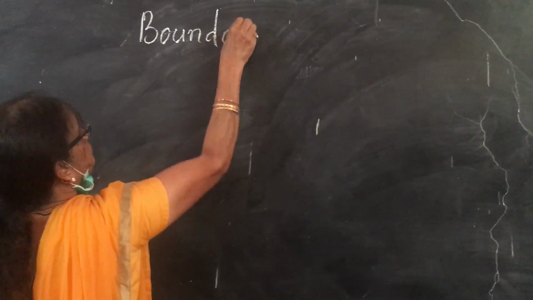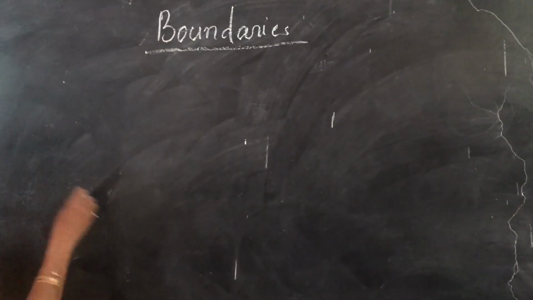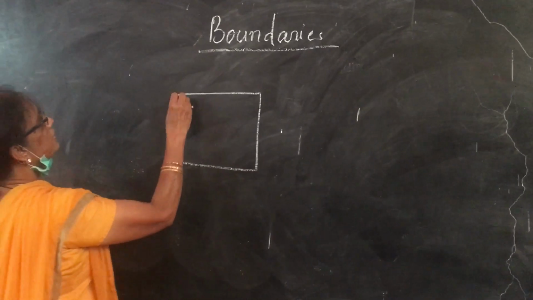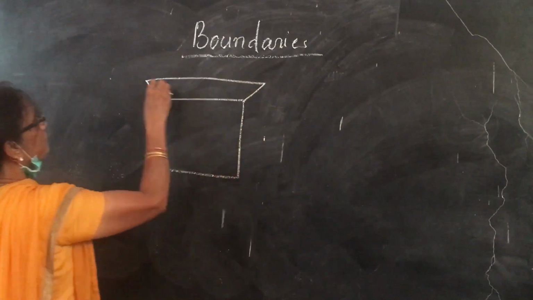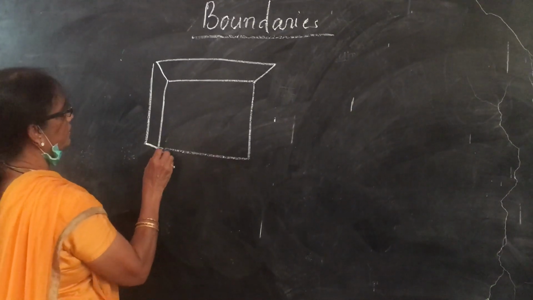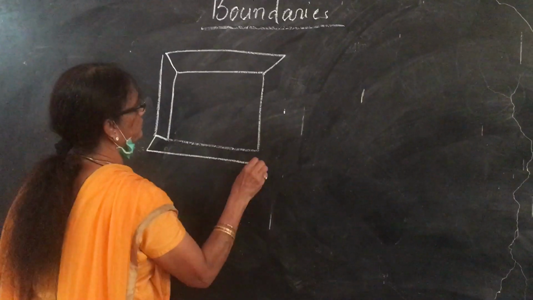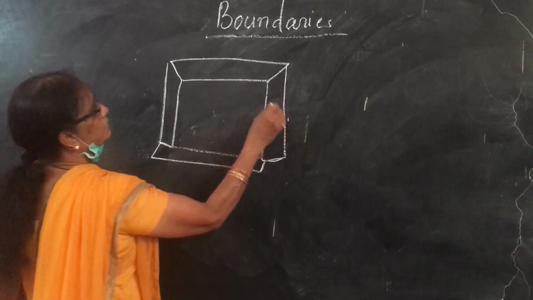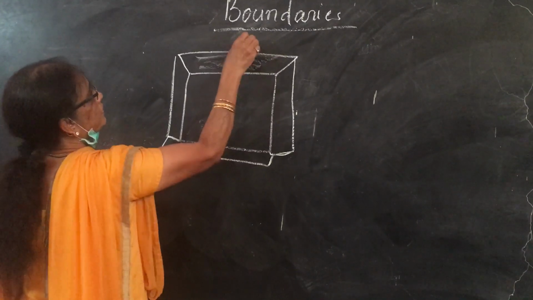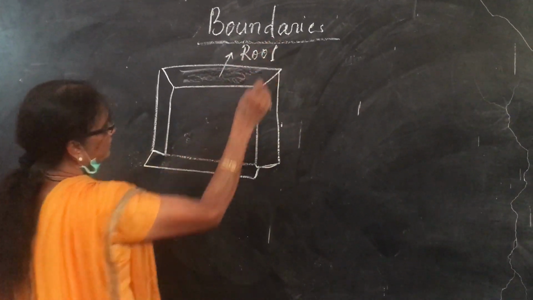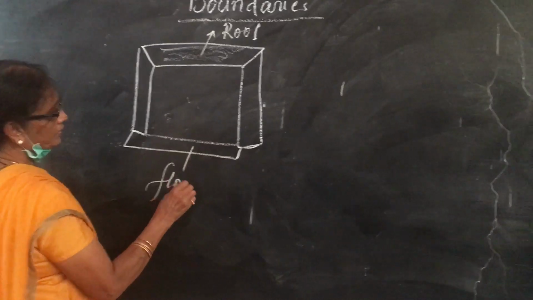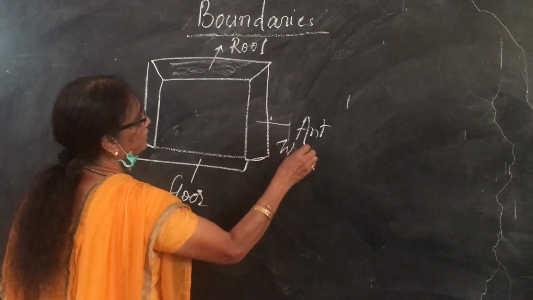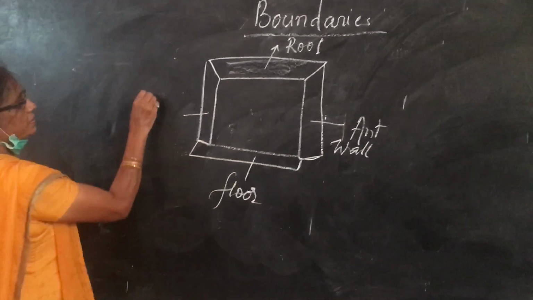Tympanic cavity. The middle ear cavity resembles a rectangle. It has got the roof, so this will be the roof, then the floor, anterior wall, the posterior wall.